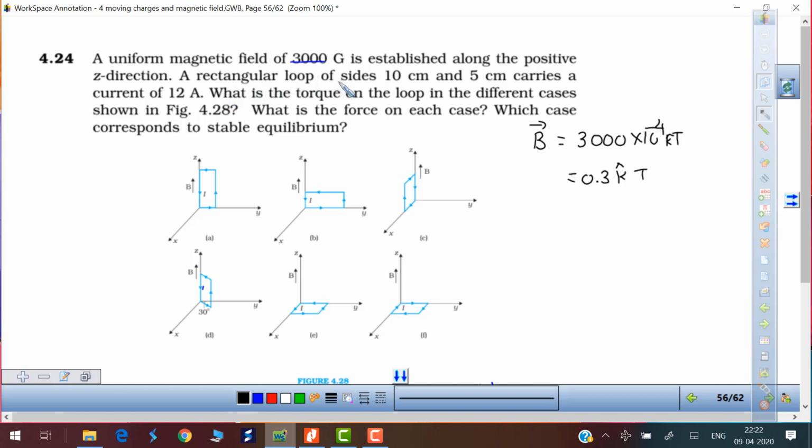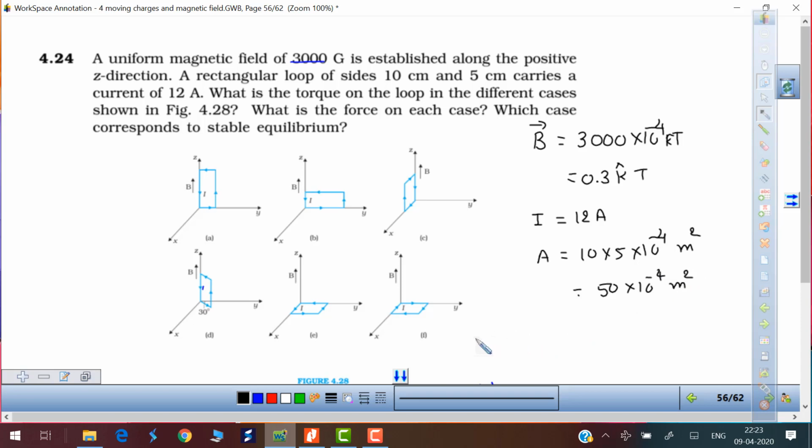A rectangular loop of sides 10 cm, 5 cm carries current 12 ampere. So current is 12 ampere and area of the loop is 10 into 5 into 10 raised to minus 4 meter square. So this comes out to be 50 into 10 raised to minus 4 meter square.